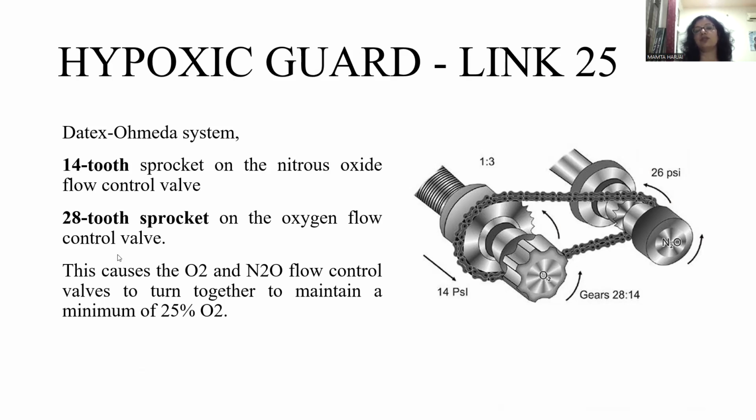These are attached with a chain. The movement of the chain with these 14 and 28 teeth makes them turn together, and this maintains a minimum of 25% oxygen flow because teeth are more on the oxygen flow control valve. So this is called Link-25, and it is to prevent hypoxia.